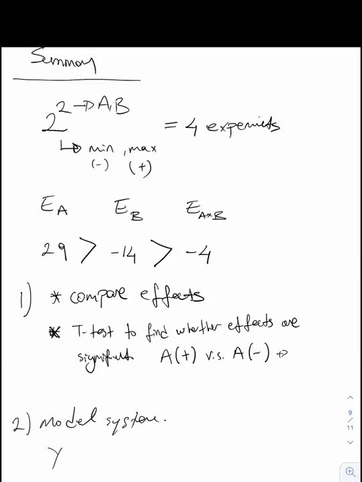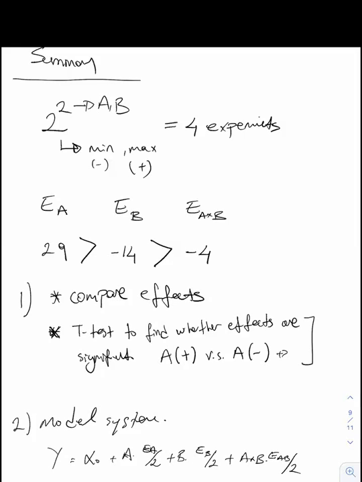And I can model the system as alpha 0, which is the average, plus A times effect of A divided by 2, plus B times effect of B divided by 2, plus AB times effect of AB divided by 2.